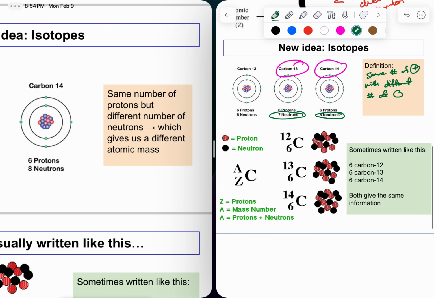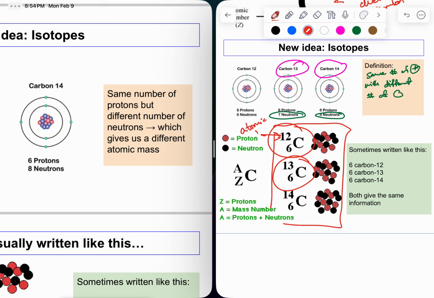Down here you can see that carbon 12 is written like that, and then carbon 13 is written like this. Remember, this 12 is the atomic mass. And here's 13 and here's 14. Sorry, it got kind of messy.